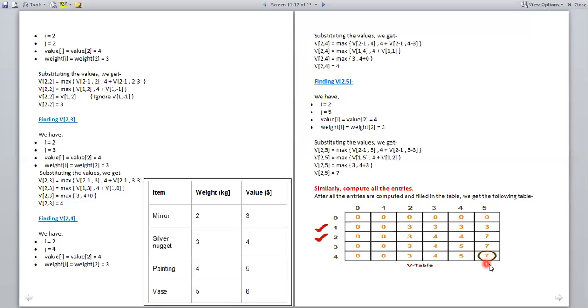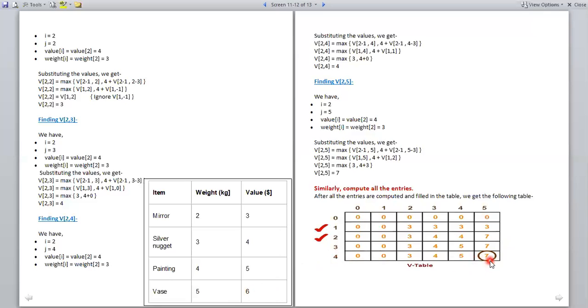So first you can see this is the 7. You search the previous row of the same column. Is there any 7? Yes, there is a 7. So this 7 is not generated with the fourth item value, which is 6.